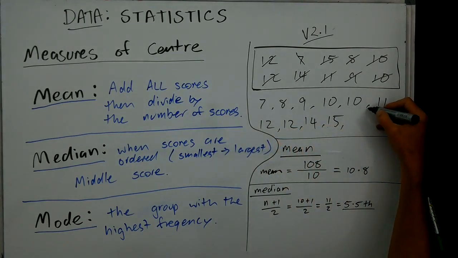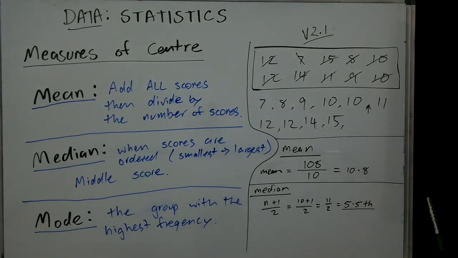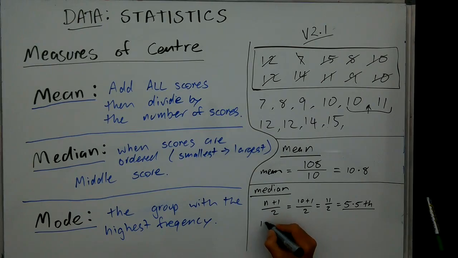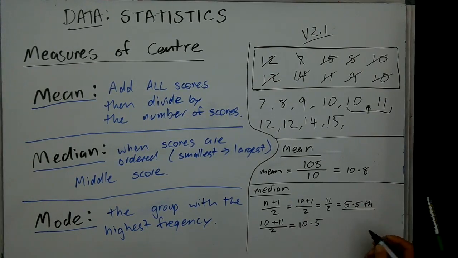So it's in between my 5th and 6th. I need to find the average of those two terms: 10 plus 11 divided by 2. I said average, I should say mean. This is 21 divided by 2, which is the median.